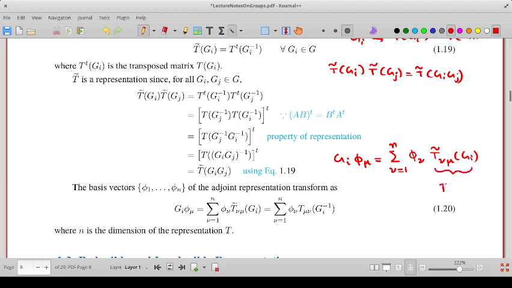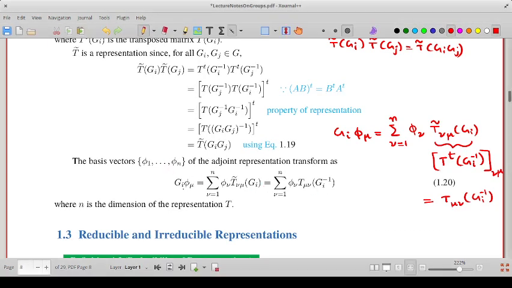But T tilde is nothing but the transpose of T of Gi inverse, and I have to take the nu mu-th element. The nu mu-th element of the transpose matrix is equal to the mu nu-th element of the matrix. So I replace this by T mu nu of Gi inverse.